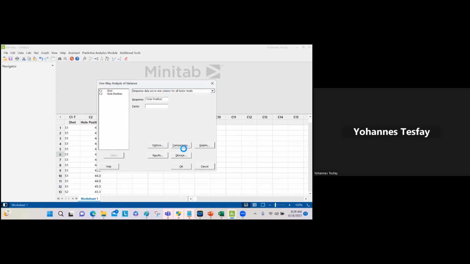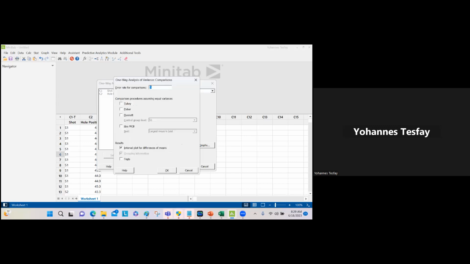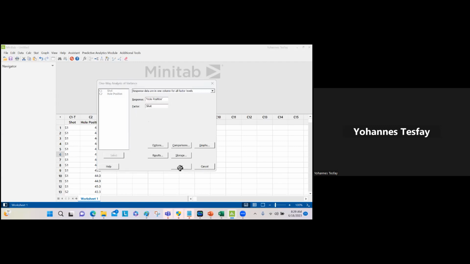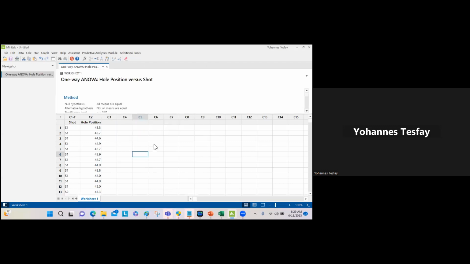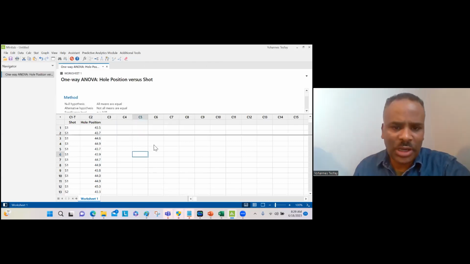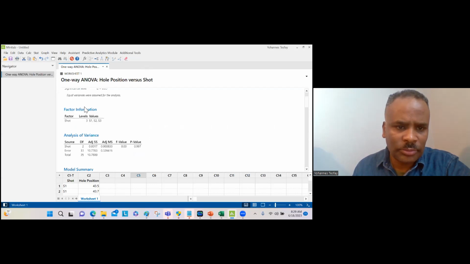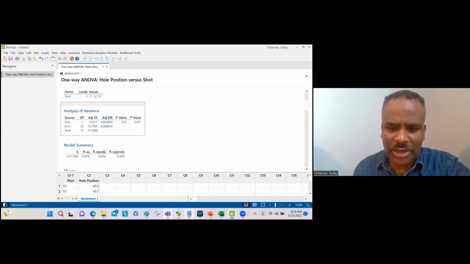Box plot, I always need a box plot, okay? Then I'm going to say okay. See? Now what p value comes here? I'll copy it.